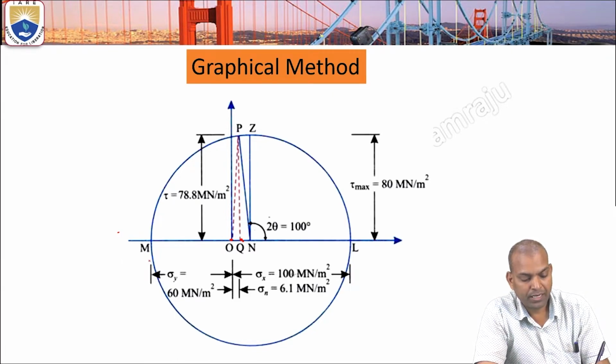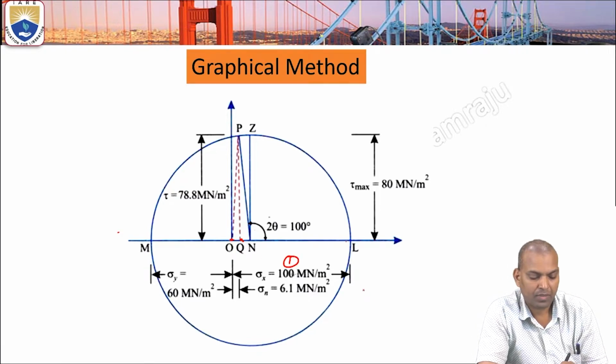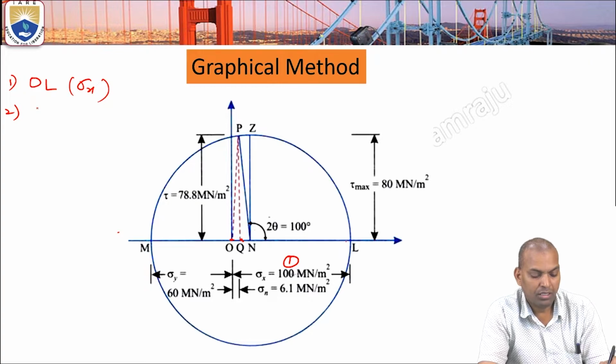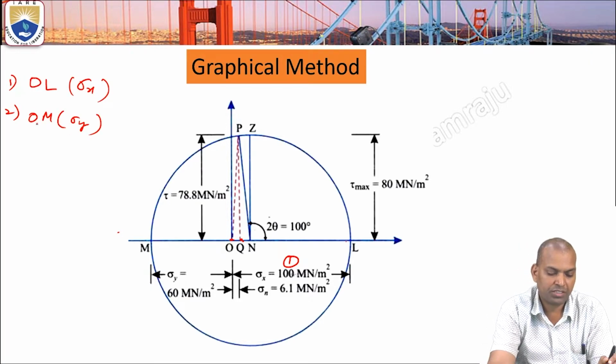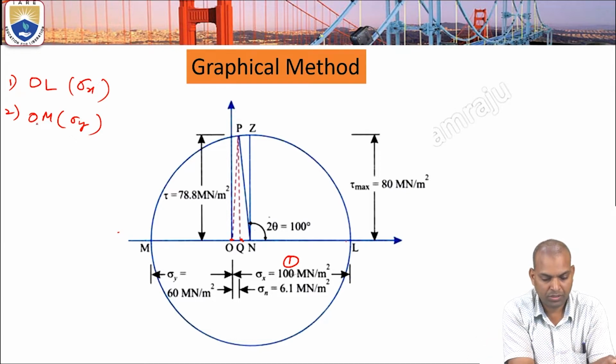Now what is the first step? Step 1: the point O to L, that is sigma x. OL is sigma x. Next OM, sigma y, is the compression, that's why it is in the compressive zone, negative zone.